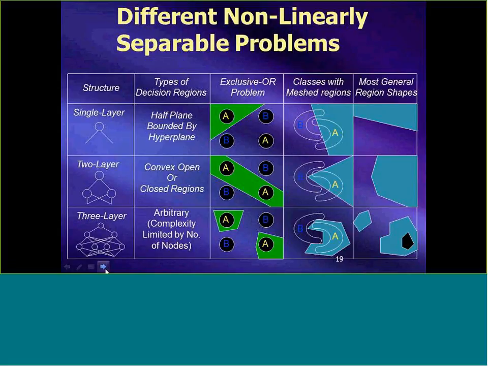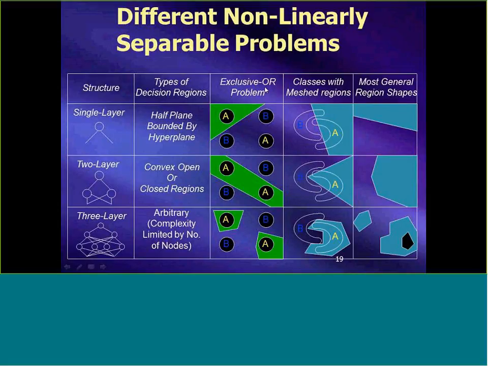When you see all this architecture of a neural network with several layers, hidden layers, why are they there? The problem is, if you choose a single layer, you can solve only problems which are linearly separable, like the logical AND.